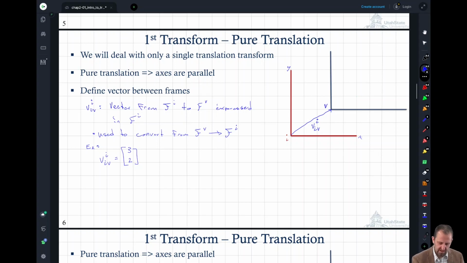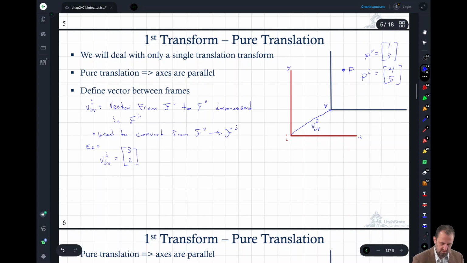So now if I define our point P, we'll define this point right here. We can see that if we looked at P in the V frame, it's at 1 and up 3. If we looked at P in the inertial frame, this one would be over 1, 2, 3, 4, and up 1, 2, 3, 4, 5. So very different values, but they describe the exact same point.